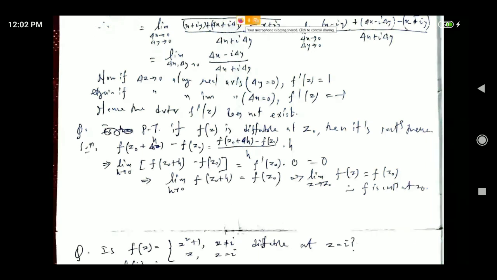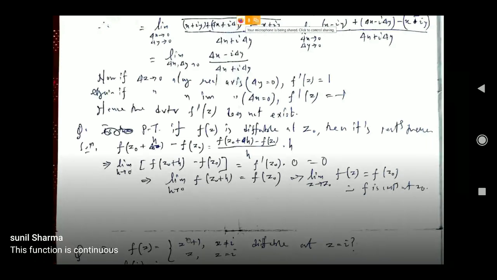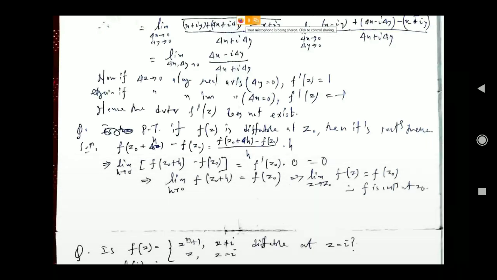Because finding limits you have learned already. Almost the same thing, you can apply your knowledge of finding limits for real functions. Z tends to I means z not equal to I. So limit of this z square plus 1, z tends to I, will be what? Zero, sir. It will be 0 because this function is continuous.